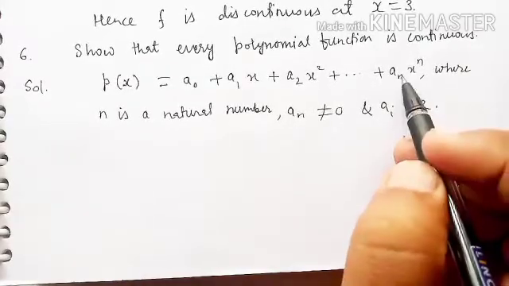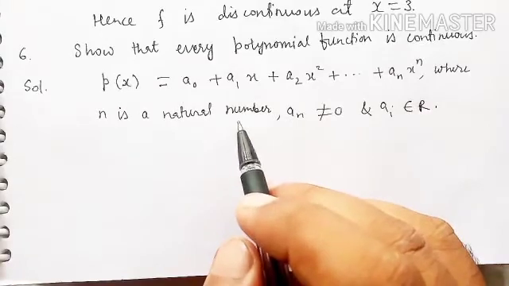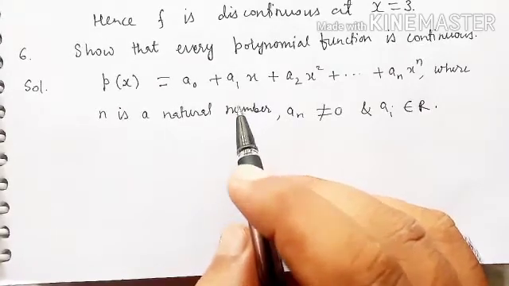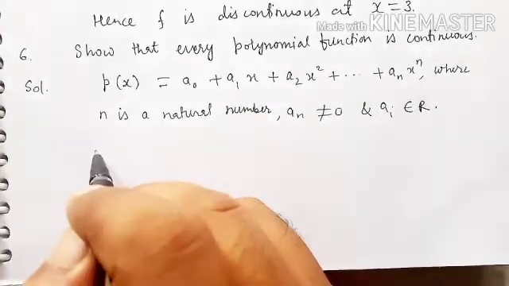These are an, a2, a1. So we have to show, let c be a real number.